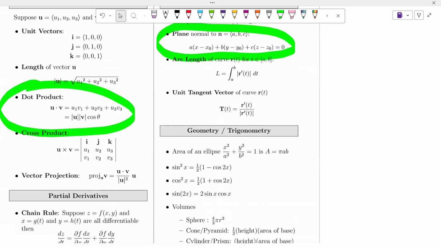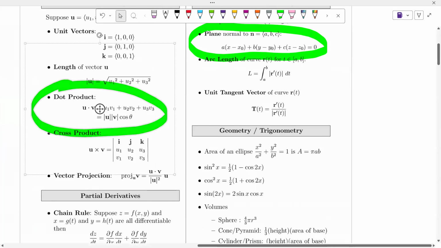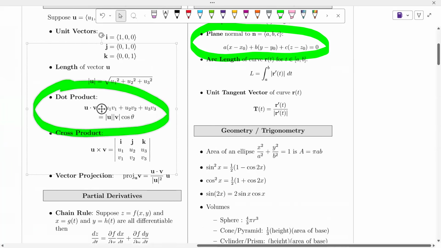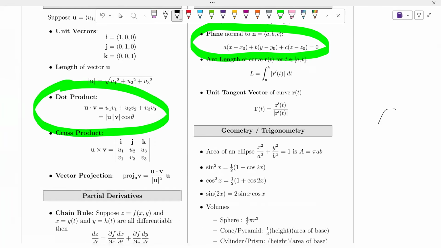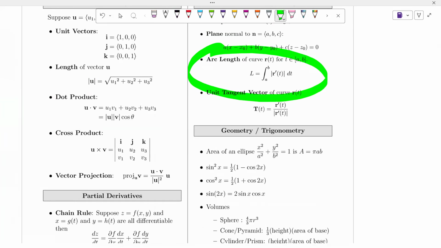But if I'm after arc length, I need to integrate the magnitude of the derivative of my vector function. So make sure that you take a magnitude when you're doing arc length.